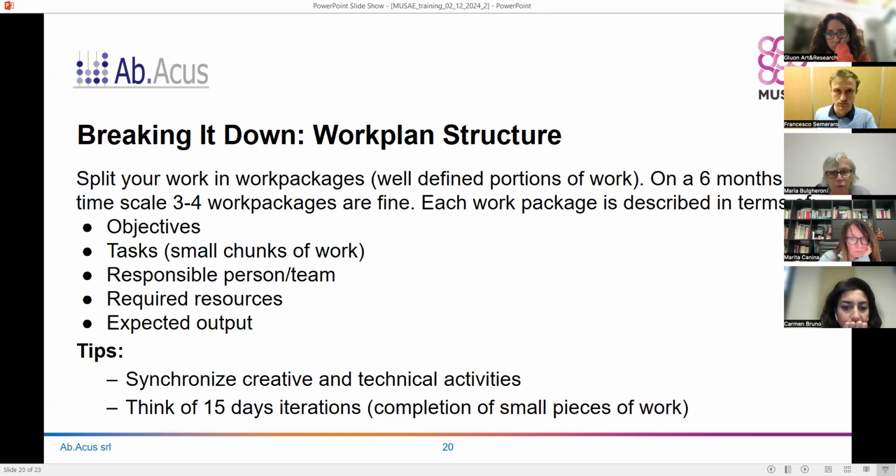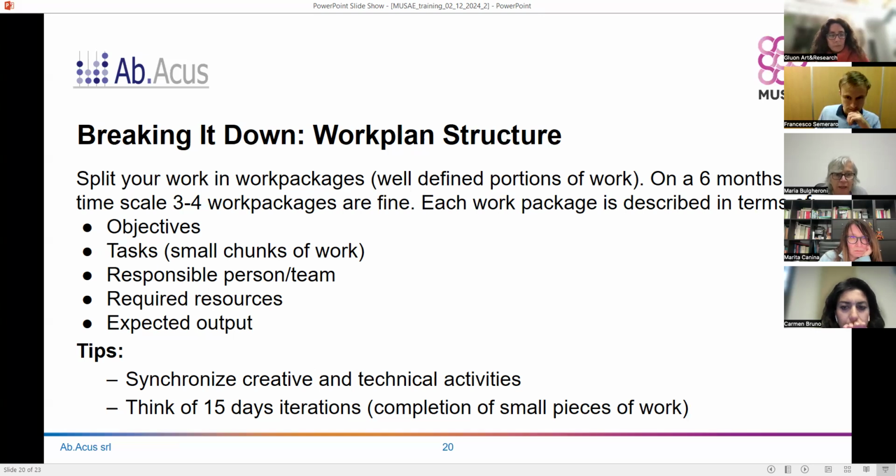Again, when you move to a work package, you have to define the specific objective, from the list you have done before, that you want to implement with such work package, with such activity. Split it into additional small chunks of work, very elementary activities you may do.